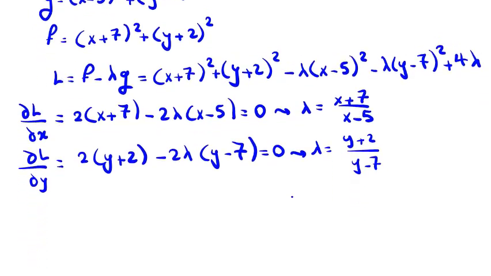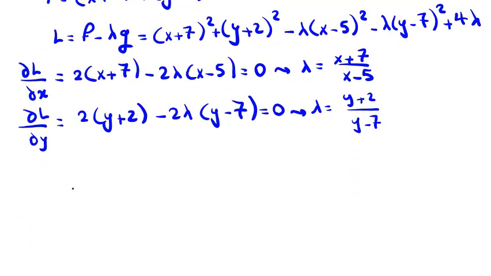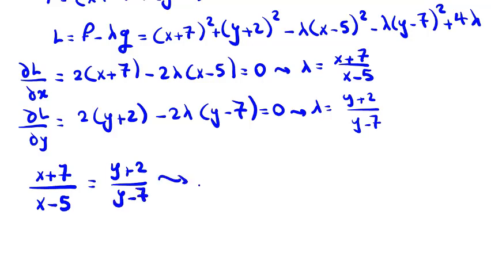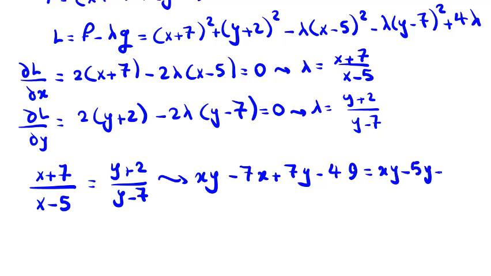Now we know lambda. From each case we can consider lambda. So (x plus 7) over (x minus 5) equals (y plus 2) over (y minus 7). If we cross multiply, we will have xy minus 7x plus 7y minus 49 equals xy minus 5y plus 2x minus 10.